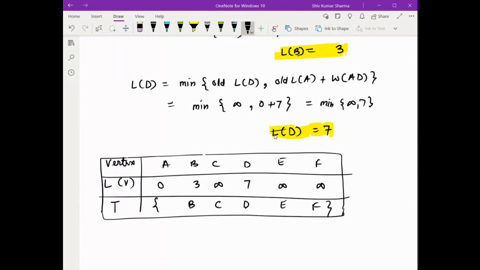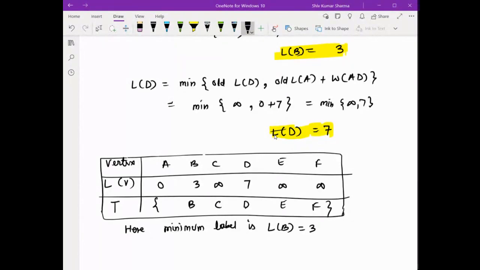Now we see the minimum level of the vertex. Here the minimum level is the level of B, equal to 3. Once we give the permanent level to A, we do not check A; we check only the levels of B and D, which have levels 3 and 7.